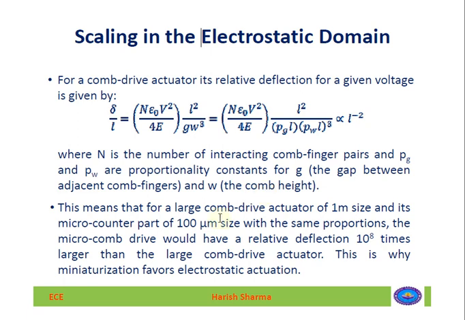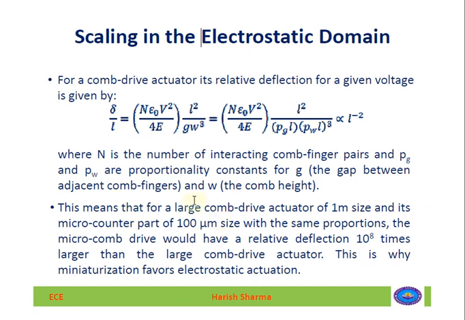So it means that for a large comb drive actuator of 1 meter size and its micro counterpart of 100 micrometer size, with the same proportions, the micro comb drive would have a relative deflection 10 raised to power 8 times larger than the large comb drive actuator. What does this mean?